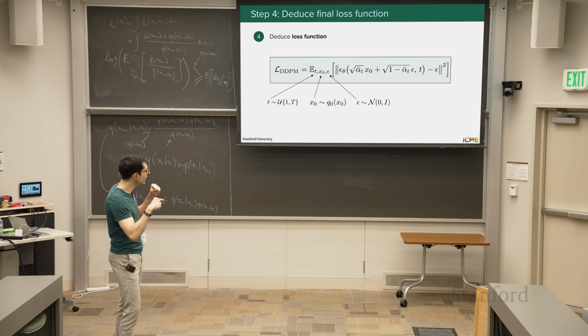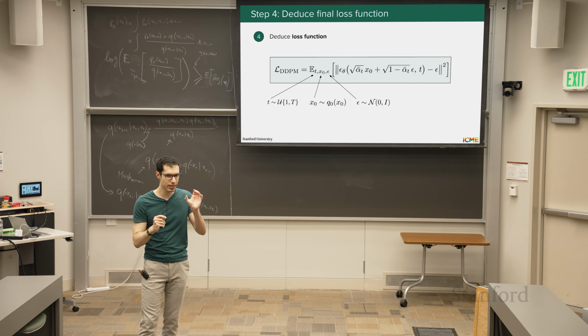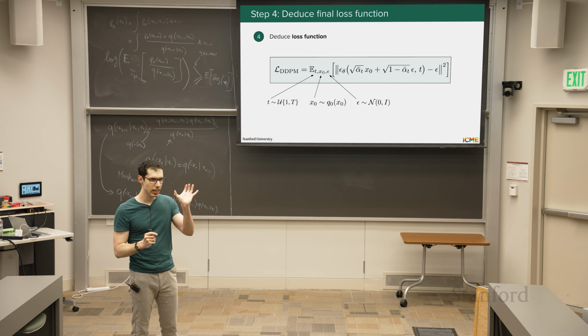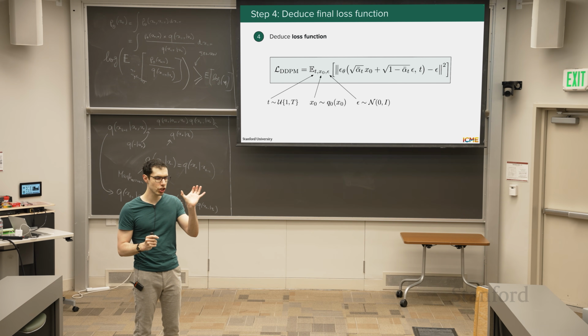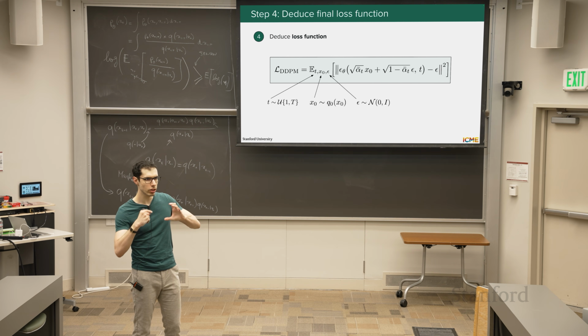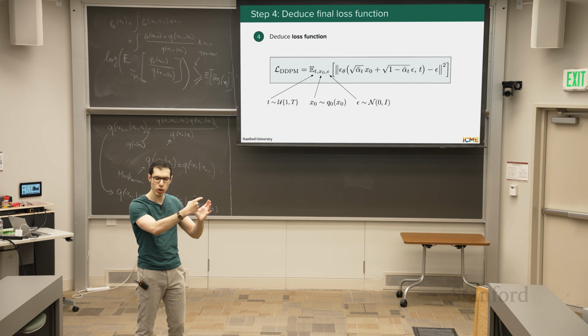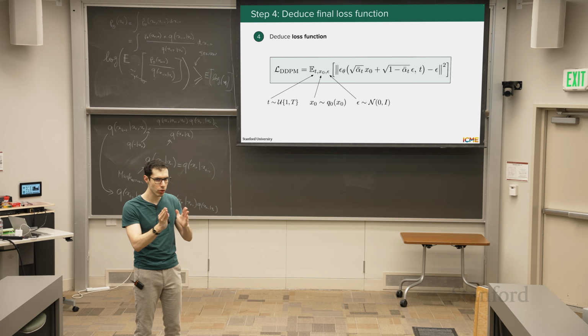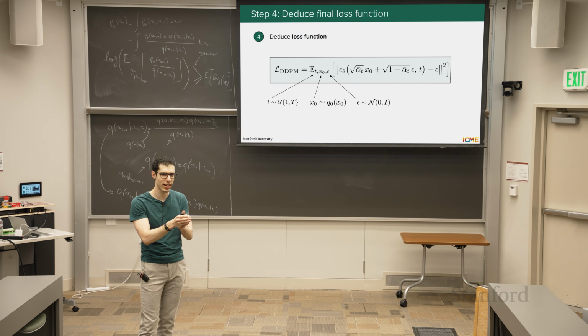So what is in the expectation is, on the one side, epsilon theta, which is your model predicting what noise was added. And on the right side is epsilon, which is the actual noise that you added from the clean image directly to the noisy image.